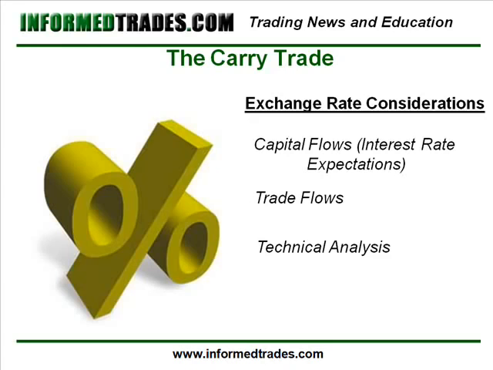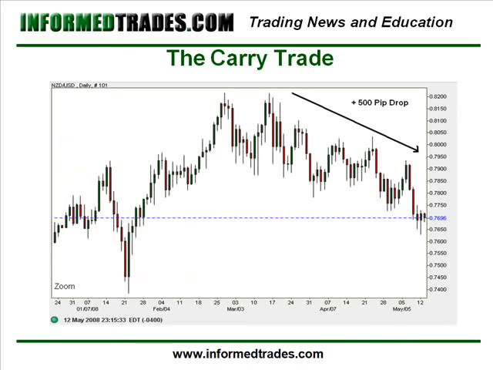To help drive this point home, let's have another look at the chart for the New Zealand dollar-US dollar currency pair. As you can see here, in a little over 3 months, the currency pair has fallen over 500 pips. As we learned in Module 2 of this course, the value of a 1 pip move in the New Zealand dollar-US dollar currency pair is $10, meaning that in US dollar terms, this is a $5,000 loss had a trader entered a long position at the top of the market to try and take advantage of the positive carry.